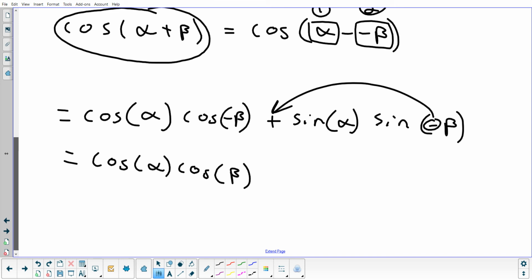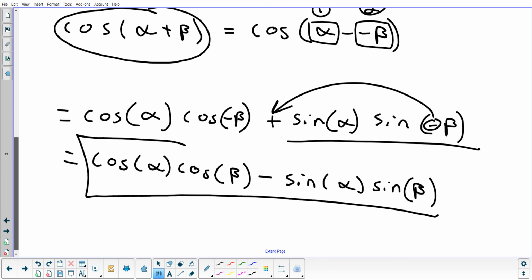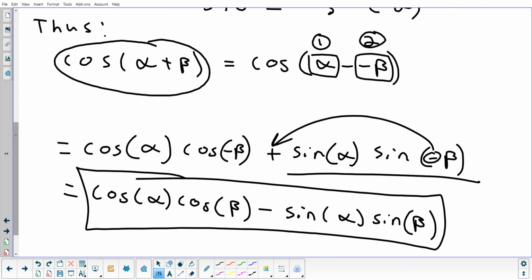Right, so this entire term right here gets multiplied by negative 1, which effectively means it turns into subtraction. So minus sine alpha sine beta. And there is your cosine sum identity.